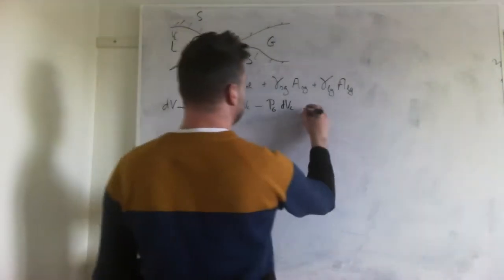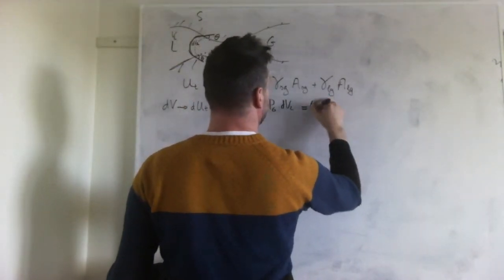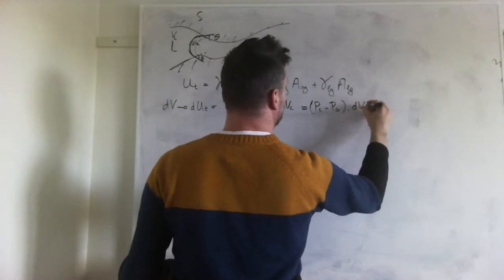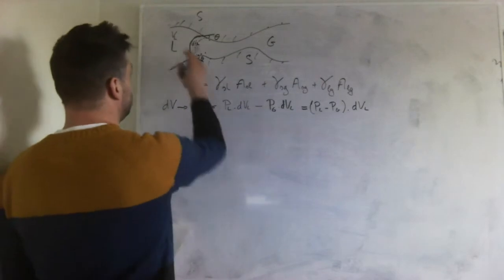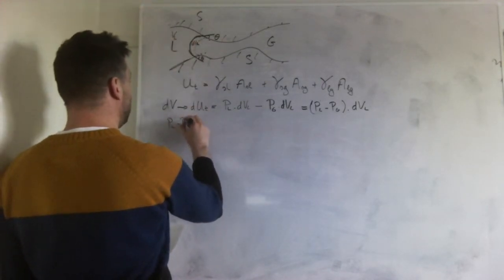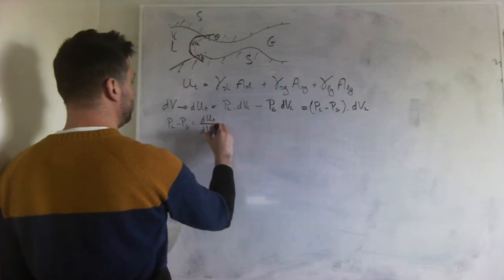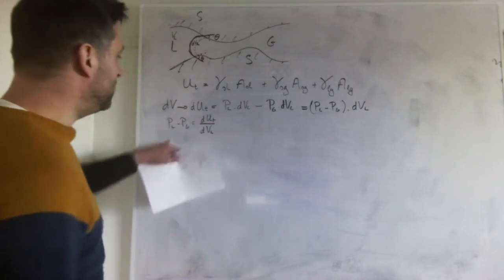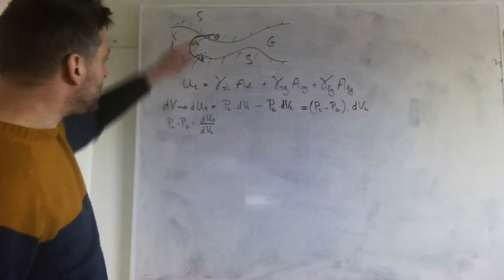And I can see this equals, of course, PL minus PG times dVL. I know that the driving pressure, P liquid minus P gas, equals dU_T over dVL. And so with this formula, I can now calculate what is my pressure difference.